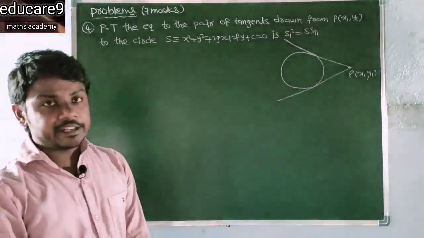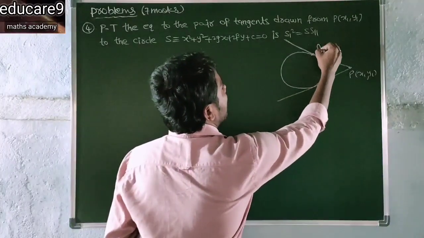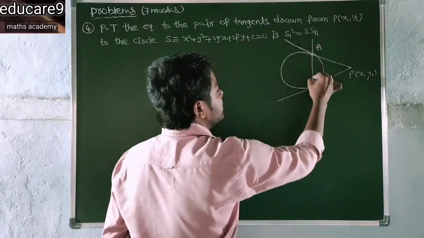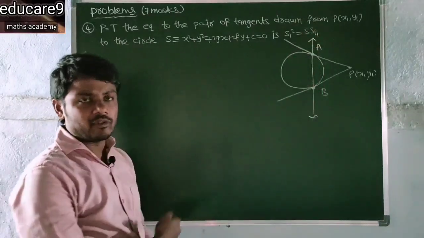So clearly these are the tangents. These tangents intersect the circle at two distinct points, A and B, and this AB is called what? Secant line or chord of contact.